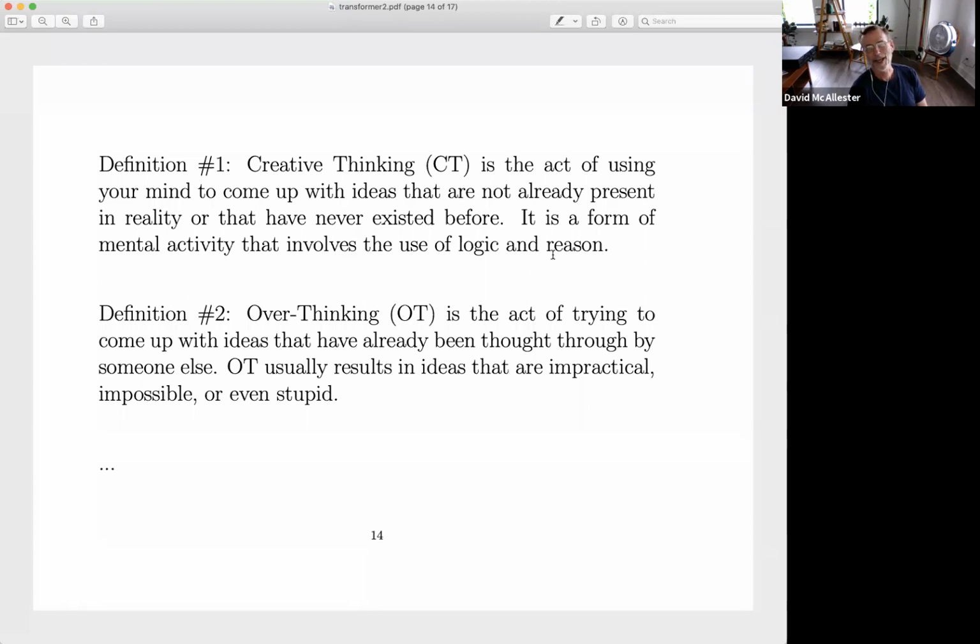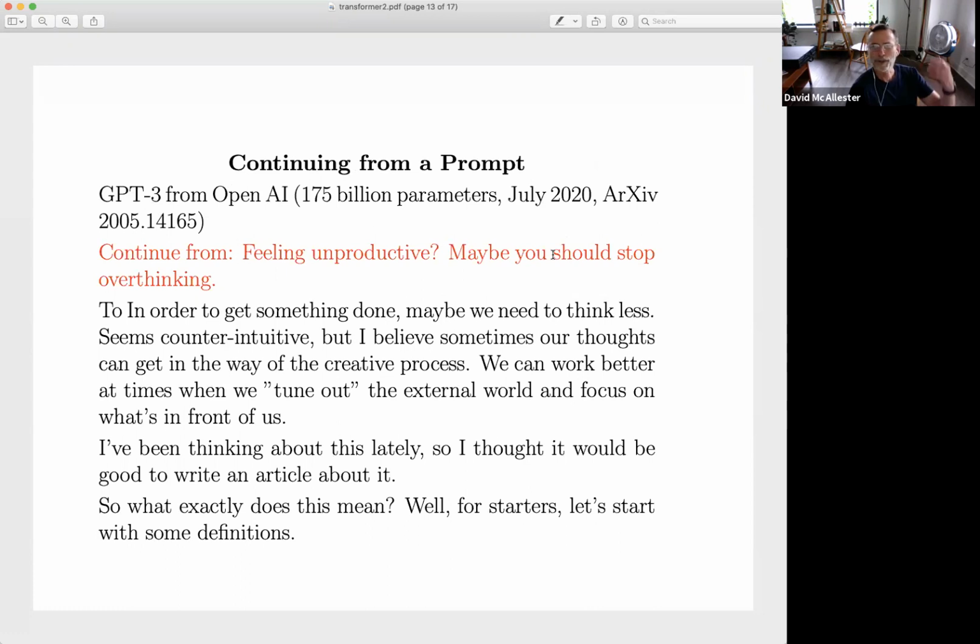I mean, it's got a lot of press, right? If a machine writes a blog post that a lot of people are liking, it gets a lot of press. One thing that's going on here is that this is like a self-help blog post, and these self-help blog posts don't require a lot of careful logical thinking or logical consistency.